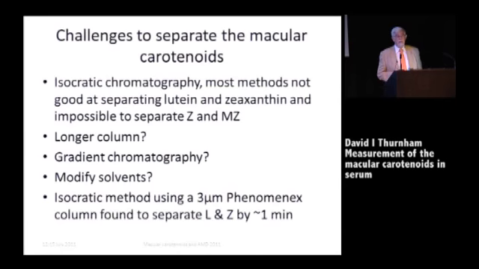We started looking at this, looking at longer columns, gradient chromatography, modifying solvents. And then, fortunately, we came across the work of Richard Bone, where he used a Phenomenex column, 3 micron, 25 centimeters long, and found that it did, in fact, separate lutein and zeaxanthin very nicely, and so we adopted that method. That was the method which we set up in Ulster, first of all, and we're now using in Waterford.